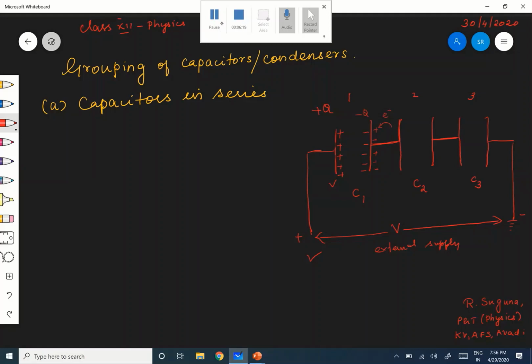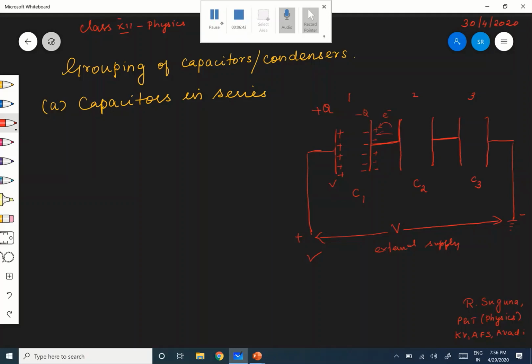Are you following? Because the electrons are coming from the left plate of the second capacitor, in order to neutralize this positive charge. Potential-wise they cannot keep quiet: electrons are attracted to the positive charge, depending upon how many charges.